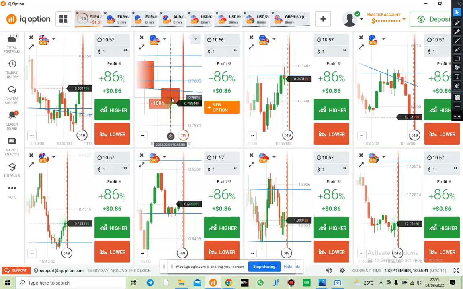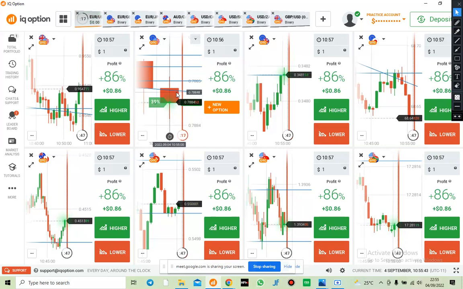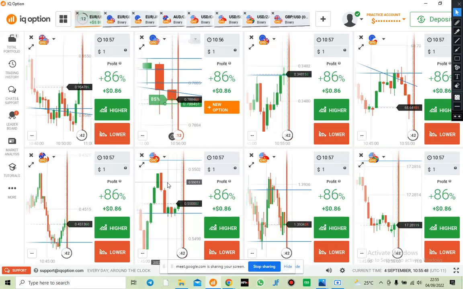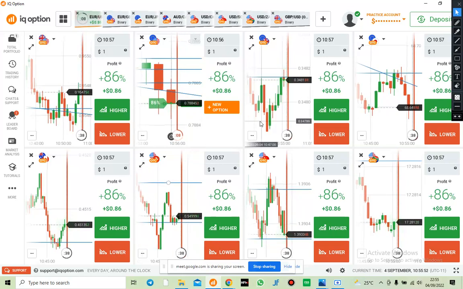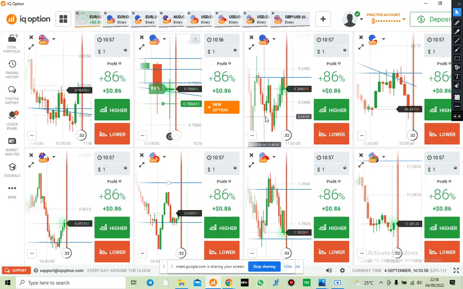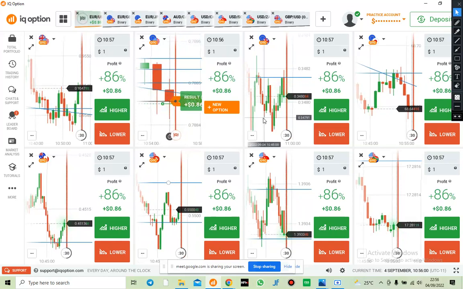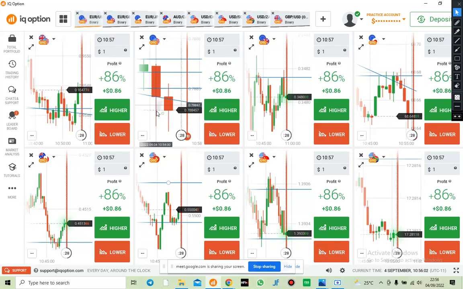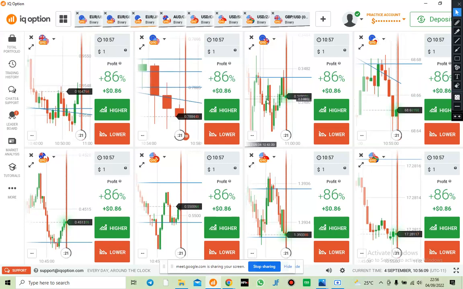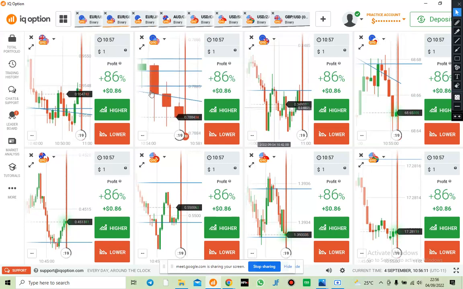I expect a green candle here. So why is it going red? Almost closed as green, but closed as red. Okay, let me find one more opportunity. I don't know why there's no opportunity.